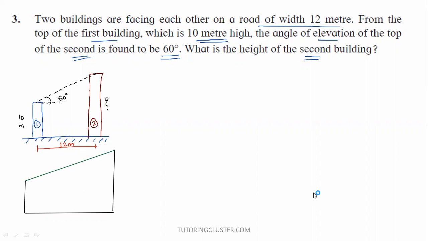Now, let me give the naming so that things will be easy for you to understand. Let's say AB represents the first building. And what is the height of the first building? It is equal to 10 meter. Now, let's say CD is the second building, the height of which we have to find out.